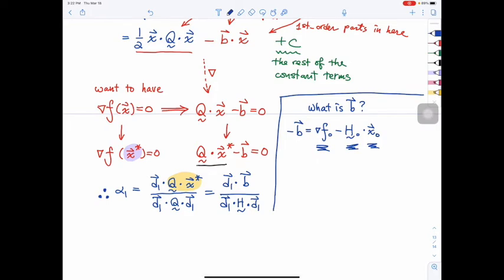Now, even though we have this new equation, it seems like it doesn't help us to find the optimal yet. So we need to actually do more. What do we do?